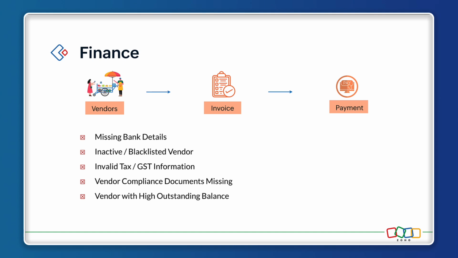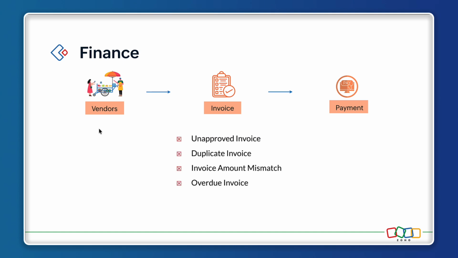Similarly, in the invoice module, there might be unapproved invoices, duplicate invoices, an invoice amount mismatch, or an overdue invoice, that is, an invoice unpaid past the due date. These are the exceptions that can happen within the invoice module.